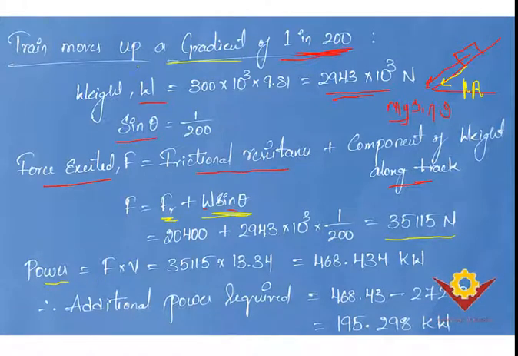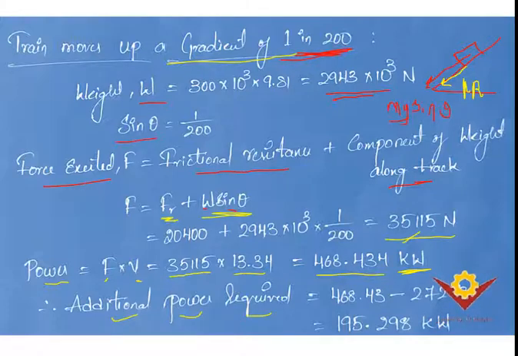And what is the power we require when the train is moving on a gradient of 1 in 200? It is the force which we found just now into velocity, that is 35,115 into 13.34, and what you're going to get is 468.43 kilowatts. And now what is the additional power we require?